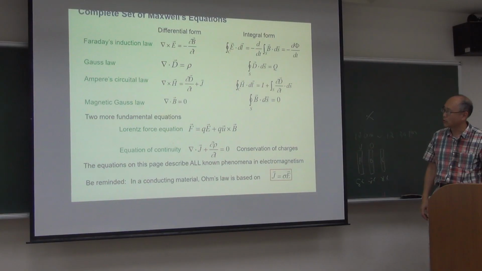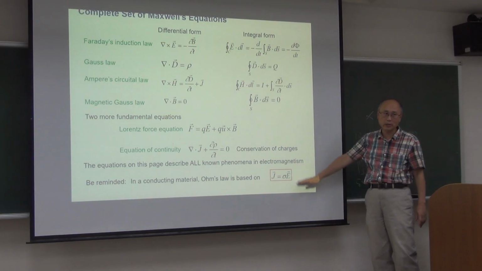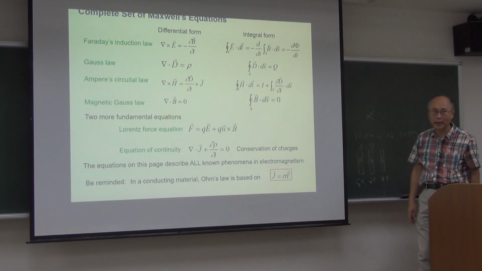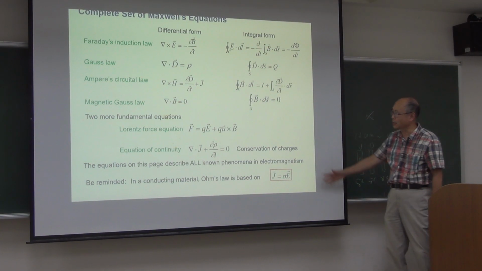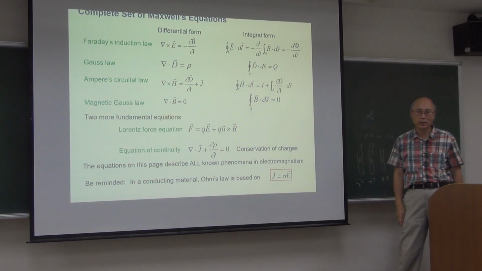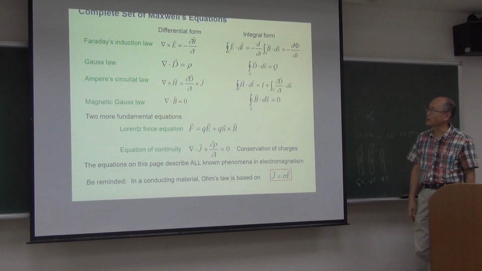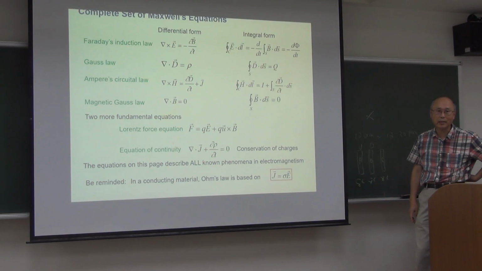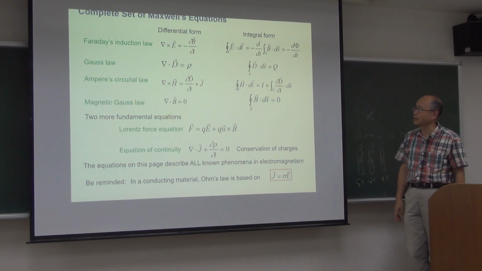Okay. So all those equations explain all the known electromagnetic phenomena in nature. Okay. So this is a set of all the formulas you want to understand from this electromagnetic theory.